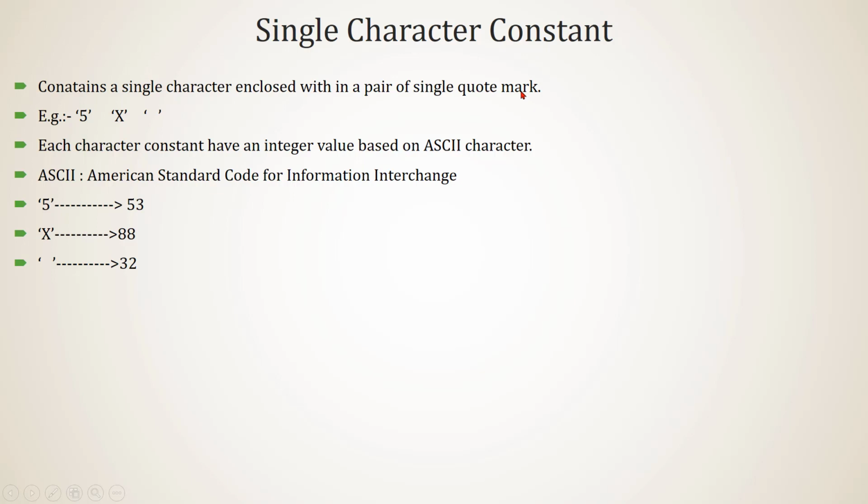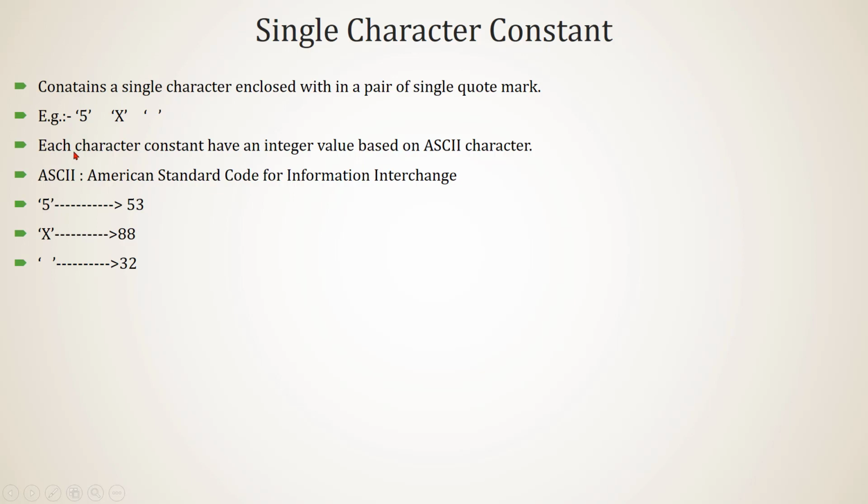Examples: 5 within single quotes, the integer value 5 and this 5 are different; X within single quotes; and a space enclosed within single quotes. These are examples of character constants.